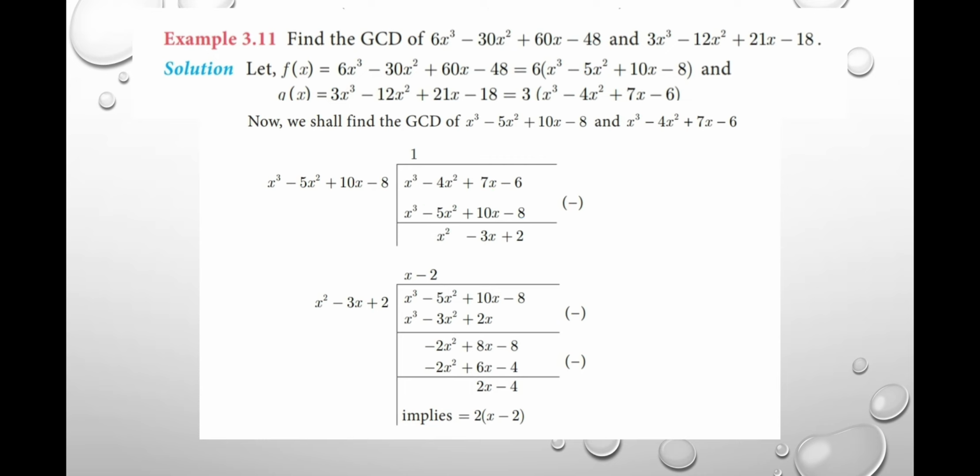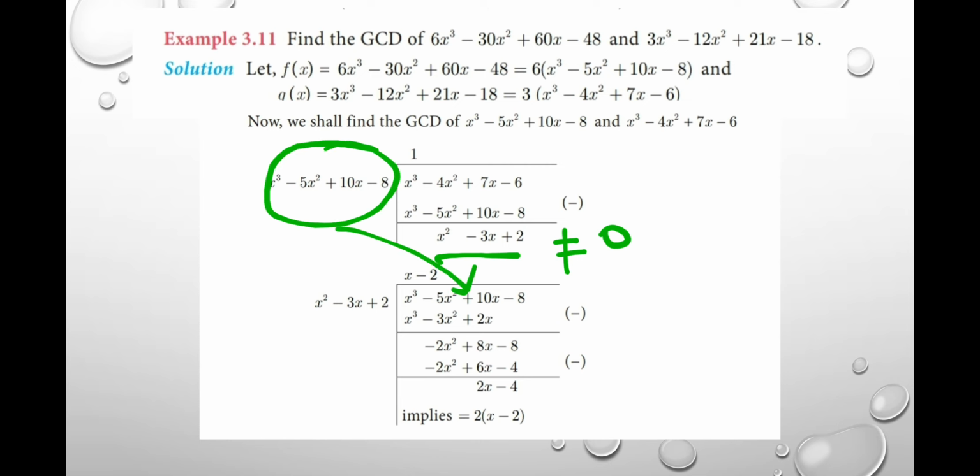We get the polynomial x square minus 3x plus 2. This is the remainder which is not equal to 0. Already I told you, if the remainder is not equal to 0, then you have to take the divisor as dividend and the remainder as the divisor.